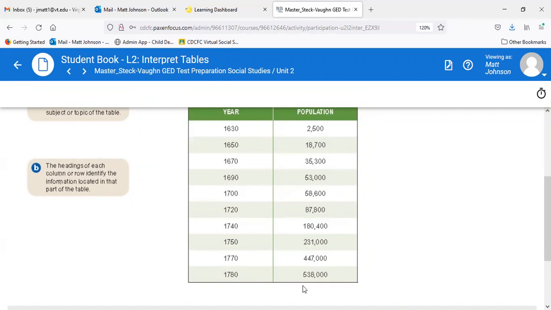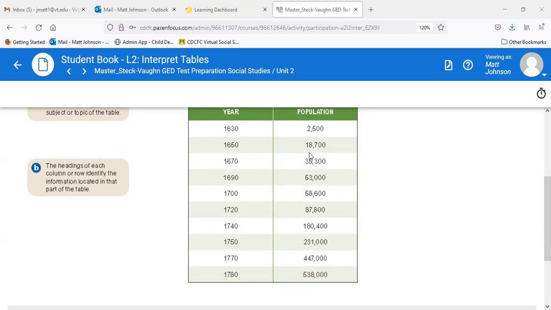And of course, a lot of that growth in the beginning is going to be from people coming here from across the Atlantic. It's not going to be until later, towards the 1700s and late 1700s, that there's natural population growth based on people here and the birth rate going up.